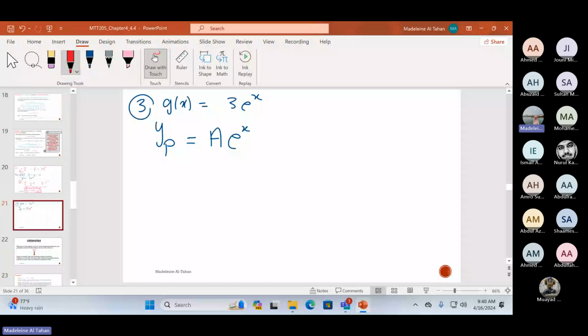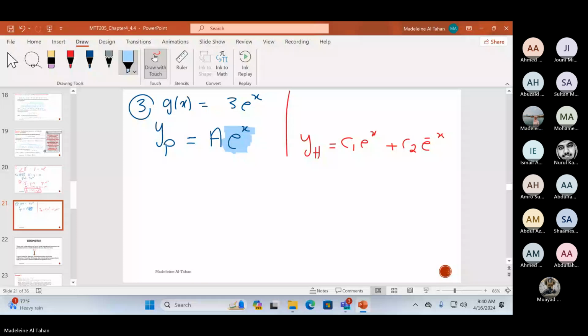Now, YH, what was it? C1 e^x plus C2 e^(-x), right, miss? Yes. Okay. Let's check if there is a dependence. What do we have here? Constant times e^x, right?